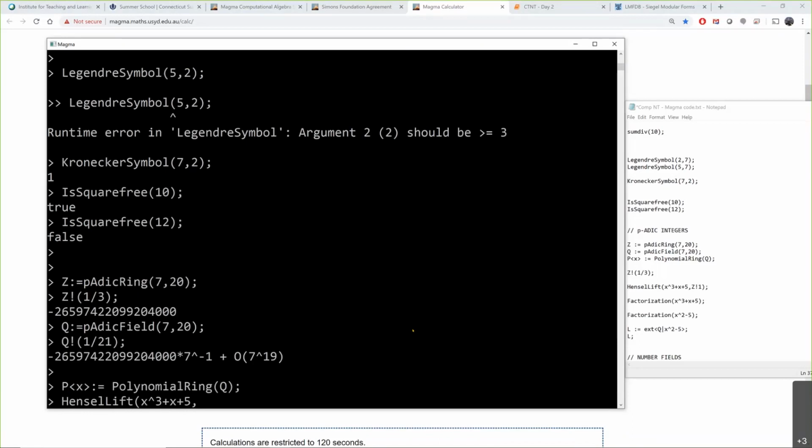So you remember that this polynomial has a root. If I put x equals 1, I get 0 mod 7. So we can try to see if there is a lift of a root that is 1 modulo 7. So let's see what happens.